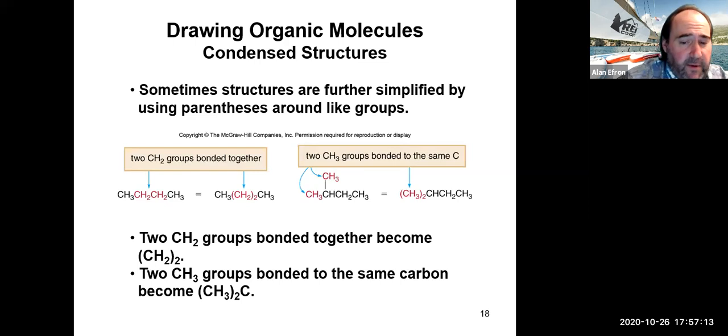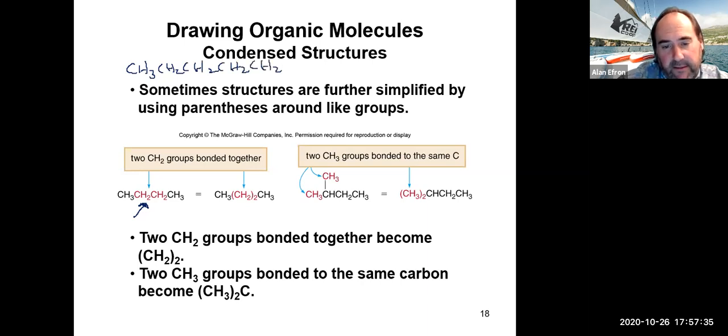Now, sometimes as well, as we will see, you may have a long, this is not super long, but you will come across some where there's just a long repeating chain of carbons and hydrogens together. So for example, here, if I had something like this, CH3, CH2, CH2, CH2, CH2, nobody wants to write this all day, right?